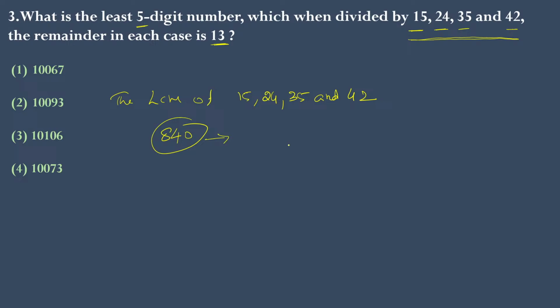So 840 into 10 we get 8,400, and 840 into 12 you get 10080. Just add this remainder.